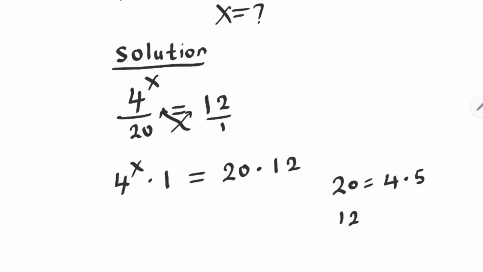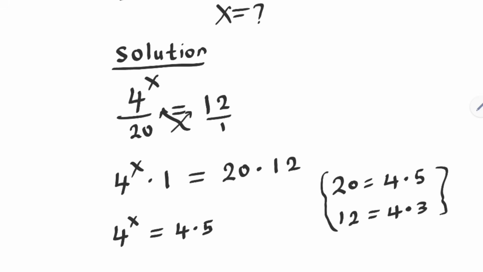Then 12 is equal to 4 multiplied by 3. 4 raised to power x multiplied by 1. This is 4 raised to power x is equal to 20 can be written as 4 multiplied by 5, then multiplied by 12 can be written as 4 multiplied by 3.